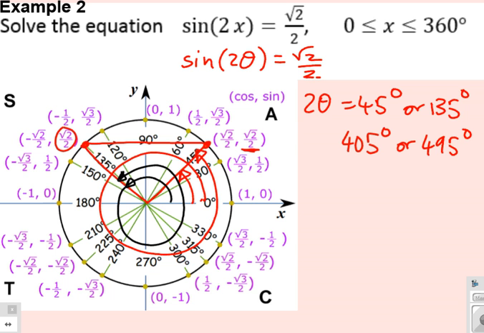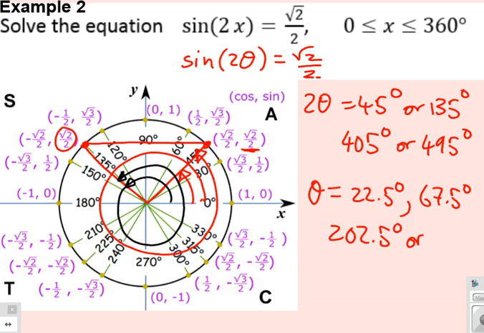Why am I doing this? Because we're trying to find theta and we must divide by 2. When we do that, we get 22.5 degrees, 67.5 degrees, 202.5 degrees, or 247.5 degrees as our possible solutions.